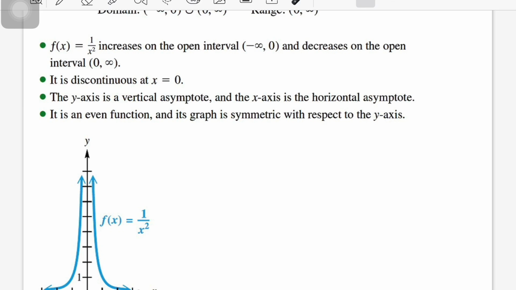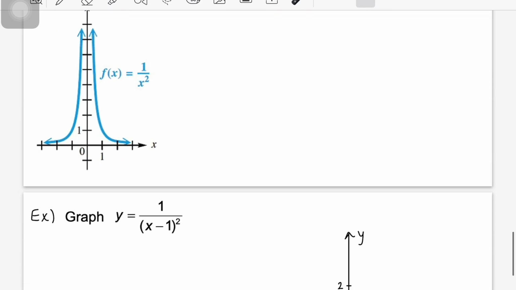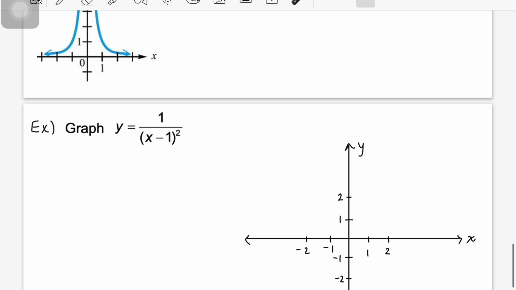All right, so we'll look at an example of this. Here we want to graph this function: 1 over (x minus 1) squared. Since we have minus 1 within our square function, we're going to be moving 1 unit to the right. So this is our parent function, the reciprocal of the square function, just moved 1 unit to the right.